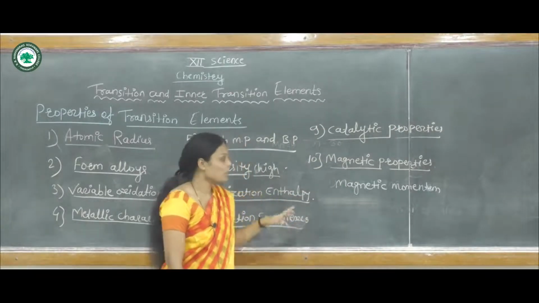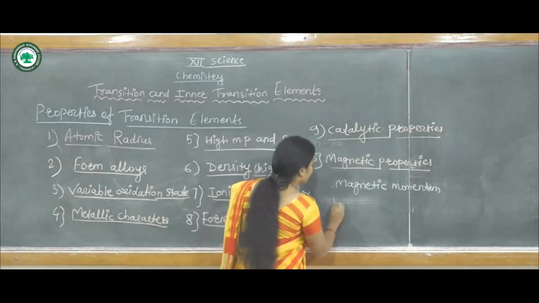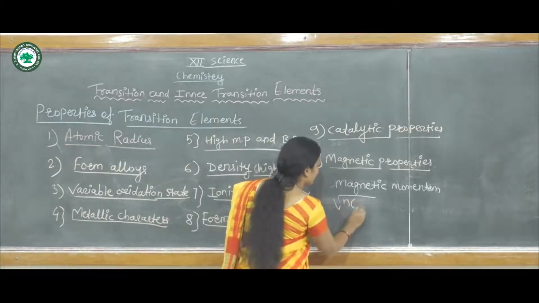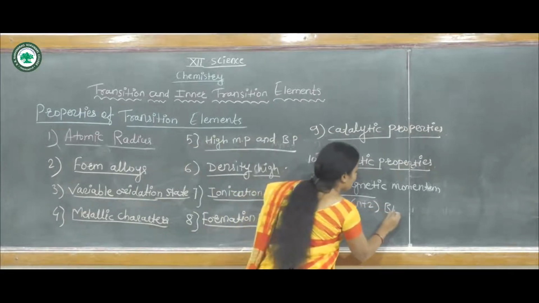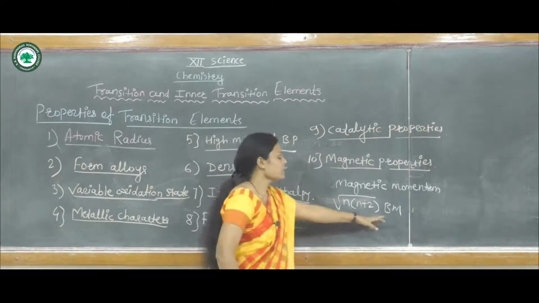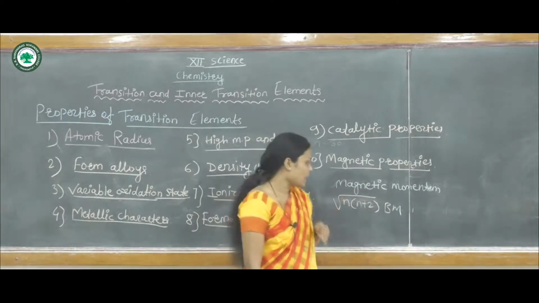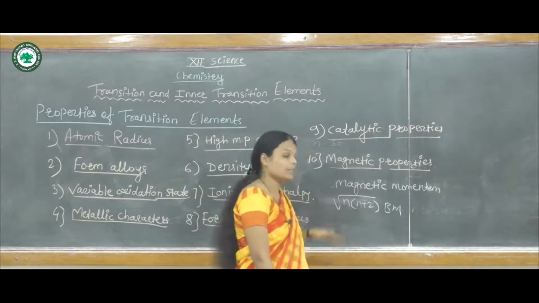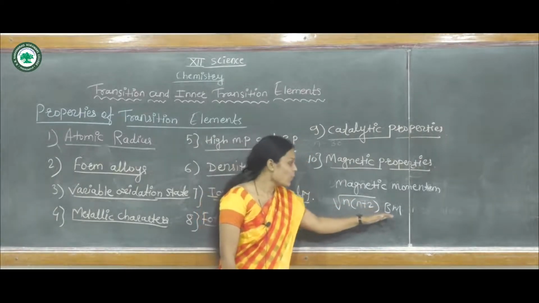The magnetic moment will be calculated by a formula. The simple formula is the square root of n(n+2) Bohr magneton.